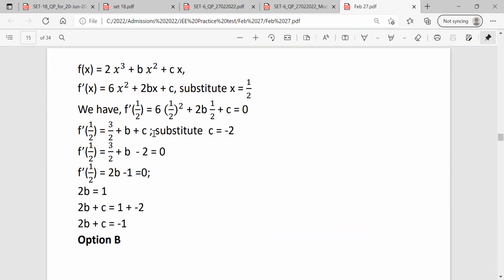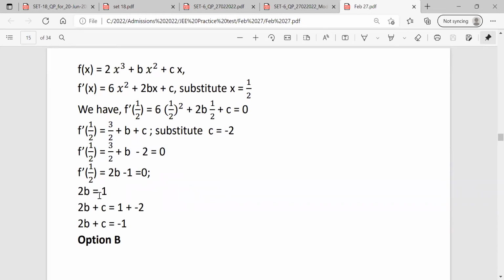In the question, it is asking us to find 2b plus c. We already know that c is equal to minus 2, so we substitute c equal to minus 2 here. So we have 3/2 plus b minus 2, which gives 2b minus 1 equal to 0. From this, 2b is equal to 1. In the question, they are asking for 2b plus c.